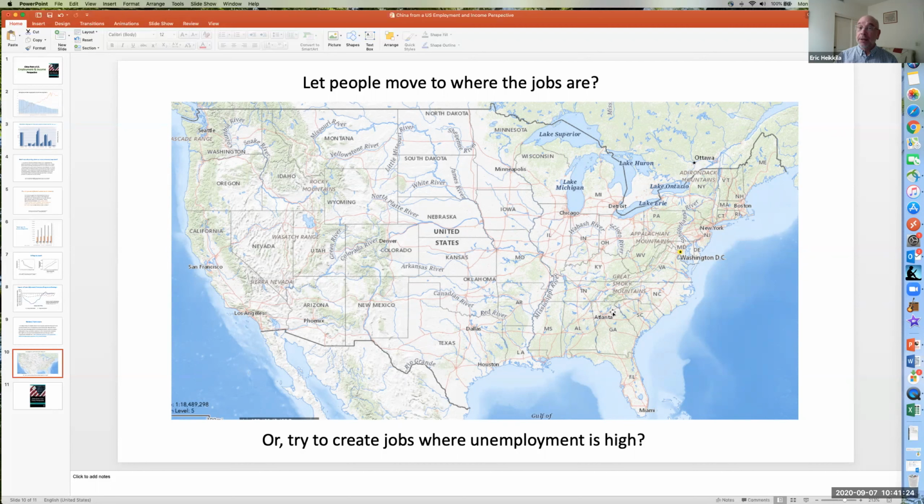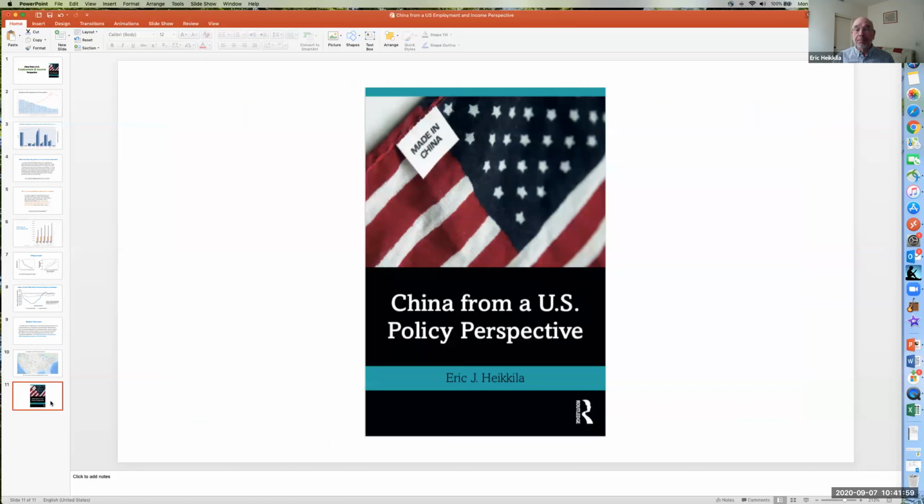And it may be that the cost of trying to override those factors through policy interventions may or may not be worth it in terms of the result. So that helps us to understand how the rise of China and the competition it brings on a global scale through low-wage manufacturing impacts policy issues relating to employment and income here at home.